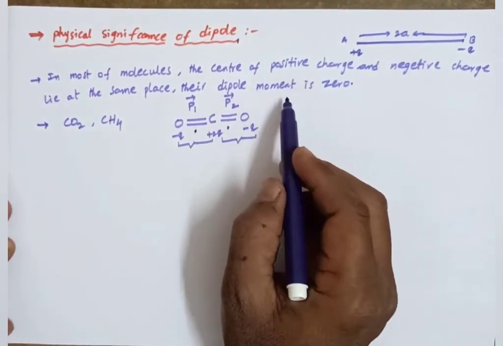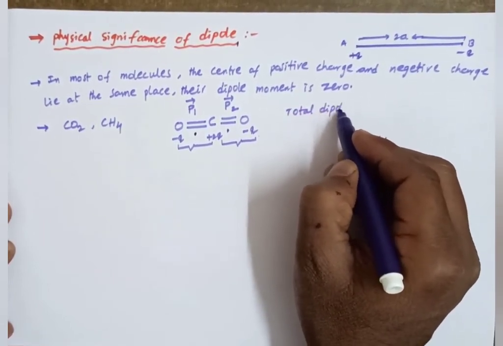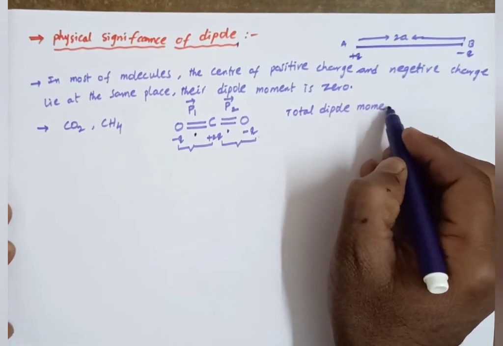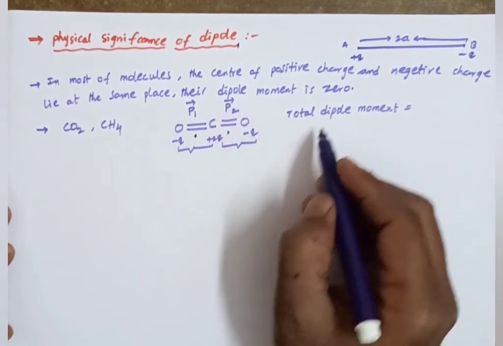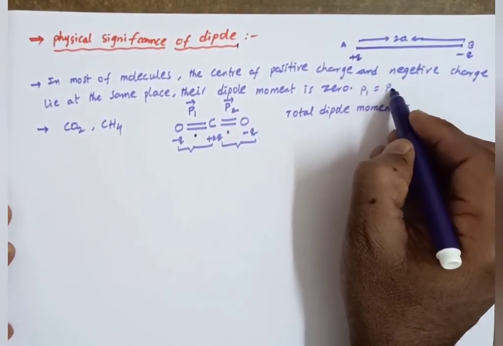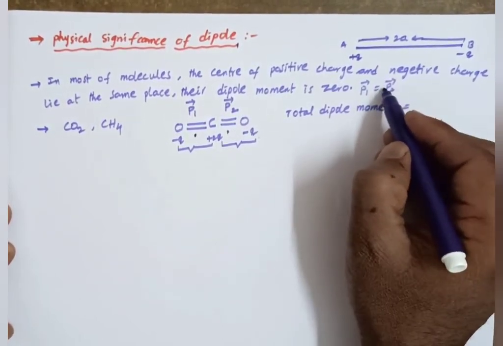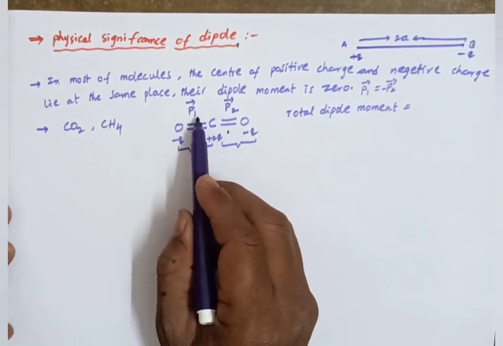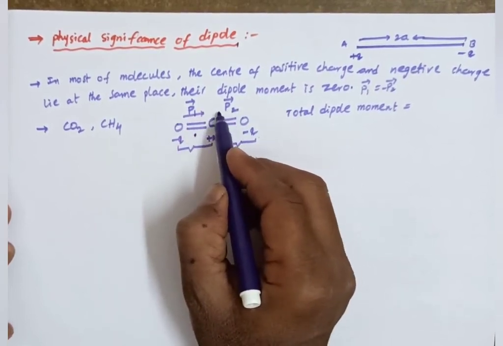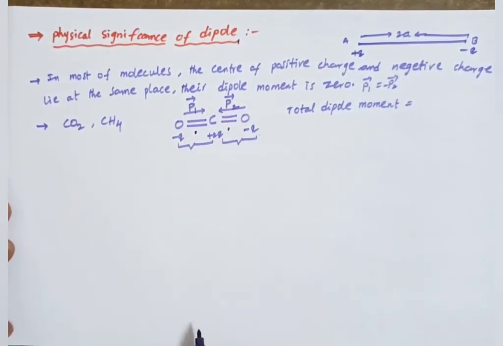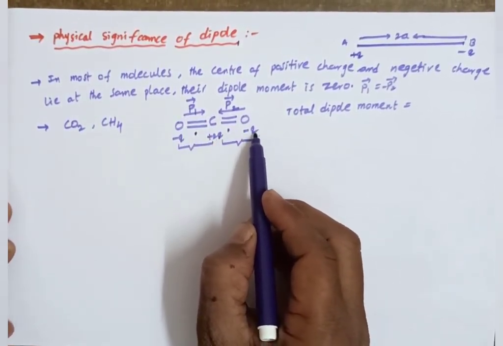Then the total dipole moment equals P1 plus P2. Both are equal here, so P1 equals P2. So the total dipole moment, in opposite directions, is in this direction and in this direction, because the dipole moment points from positive charge to negative charge.